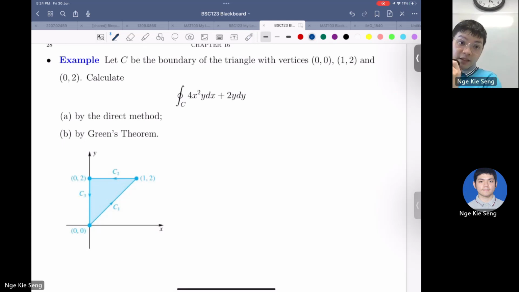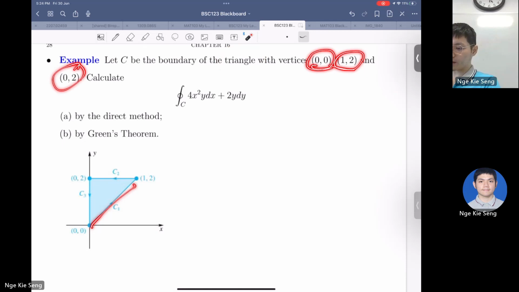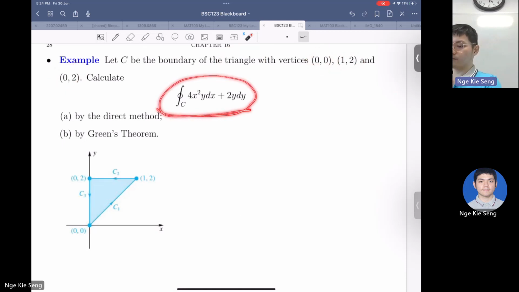Now, what do we do? So we have a boundary of the triangle connecting (0, 0), (1, 2), and (0, 2). And then we want to do a line integral over this function here, 4x squared y dx plus 2y dy. So I put a circle here. What does it mean?